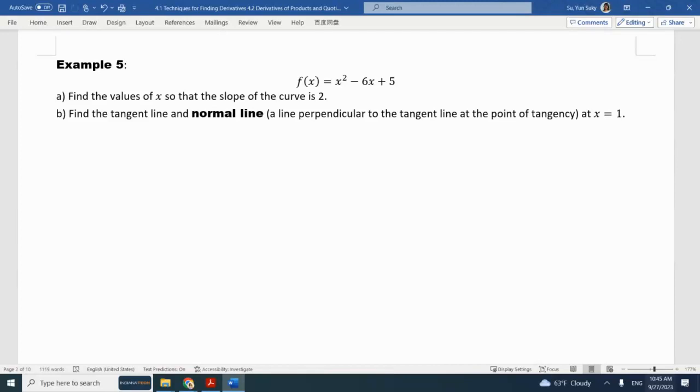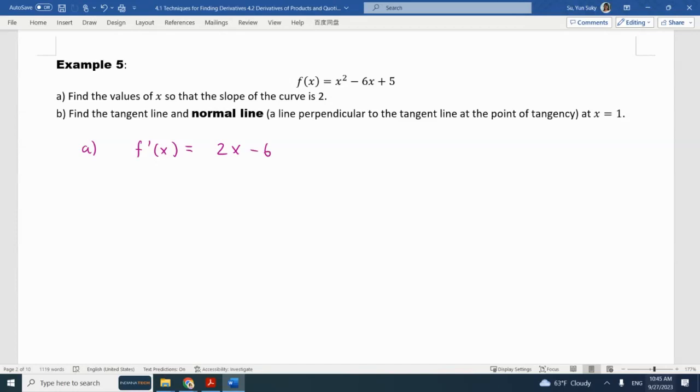Find the values of x so that the slope of the curve is 2. So what's the slope? The derivative. Okay, the derivative will be? Yes.